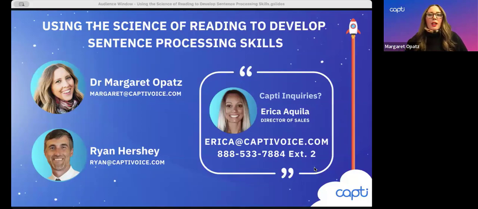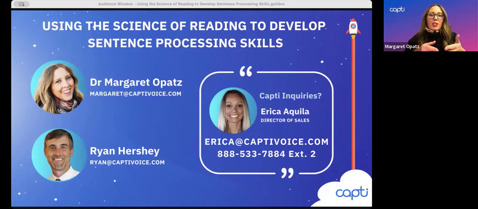So what we would likely see, and when Ryan was sharing the slide of that class view of students, is that if a student is really struggling with sentence processing and also reading comprehension, we definitely want to do something to support that sentence level. Are they able to make meaning across the text? That might mean that when they're reading, they're not reading at that phrasal level.